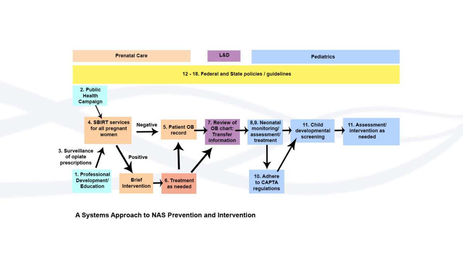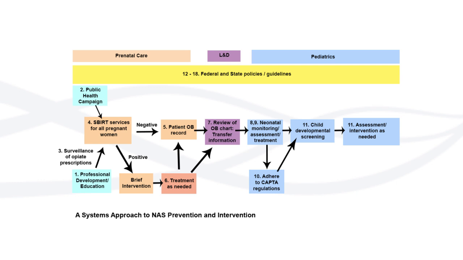So all pediatric care providers should review the obstetric chart and record in the newborn chart any factors, including maternal substance abuse, that could affect the health and welfare of that child. This aspect of information transfer must be consistent with HIPAA regulations.